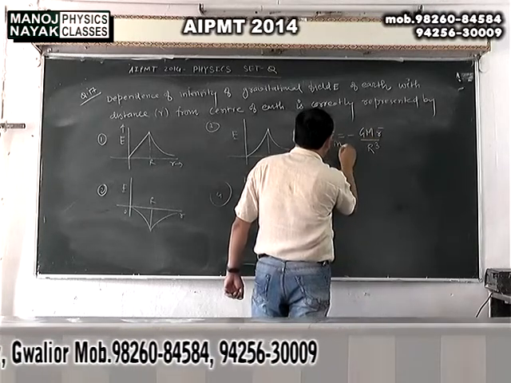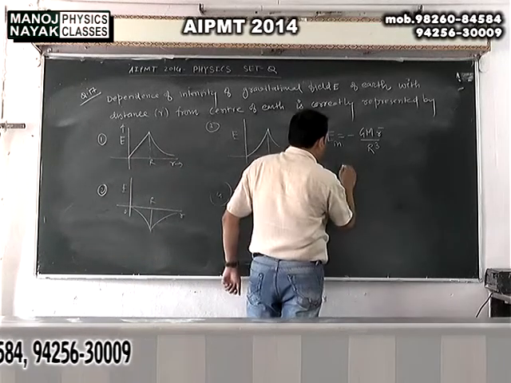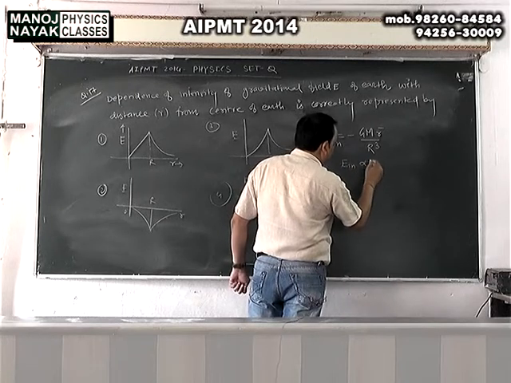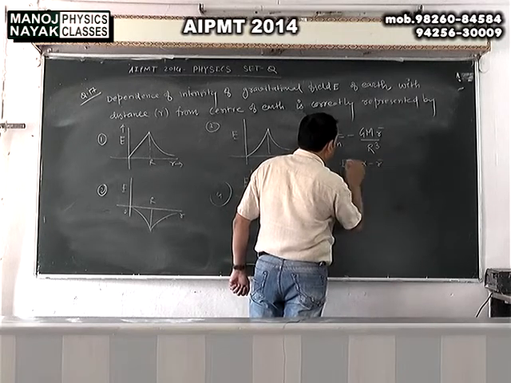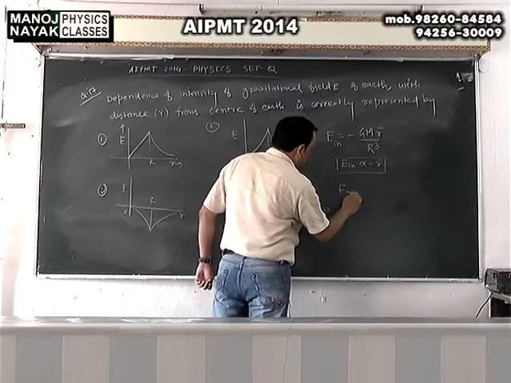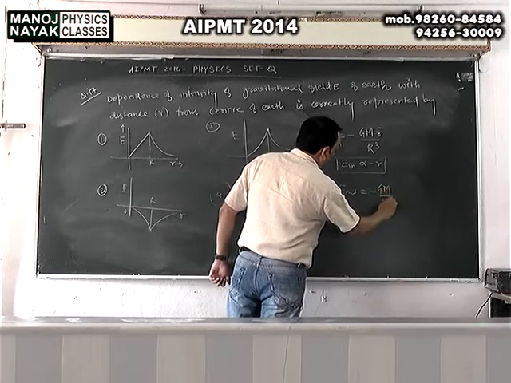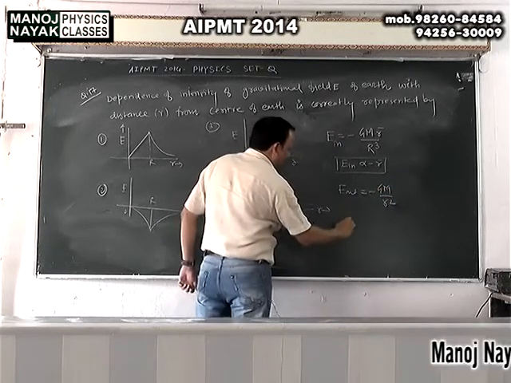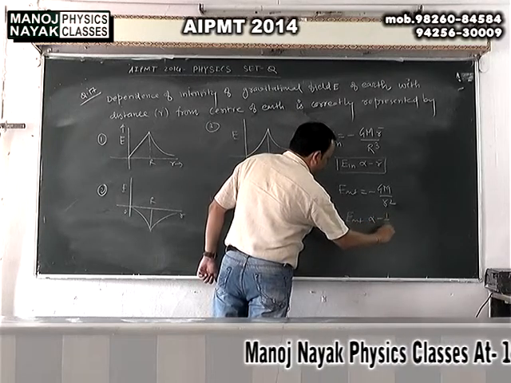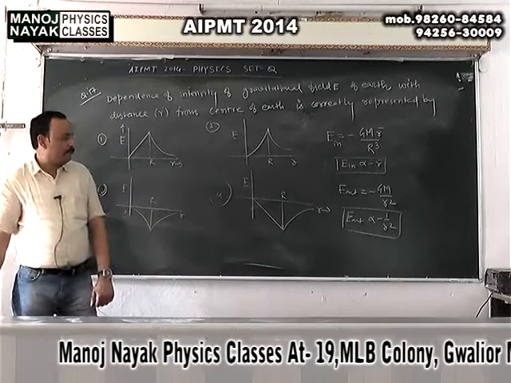So inside the Earth you can see E inside is directly proportional to minus r, but outside it is given by minus GM by r square. That is, E outside is inversely proportional to r square.